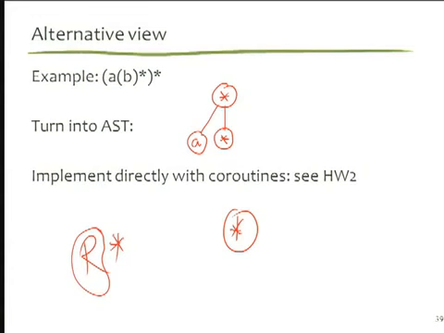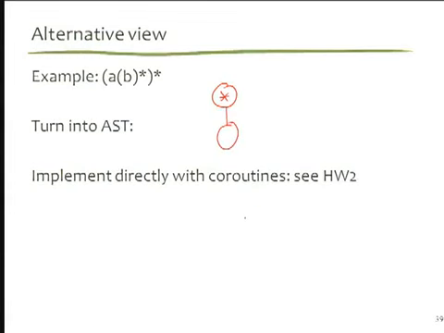So is this operator a binary or a unary operator? It's a unary operator, right? And the one argument to it is this R. So therefore, we'll have one child here, because it's a unary operator. What is the child of the star? It's a concatenation, all right.